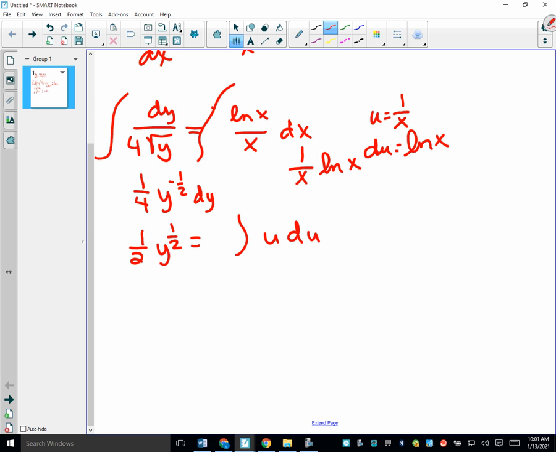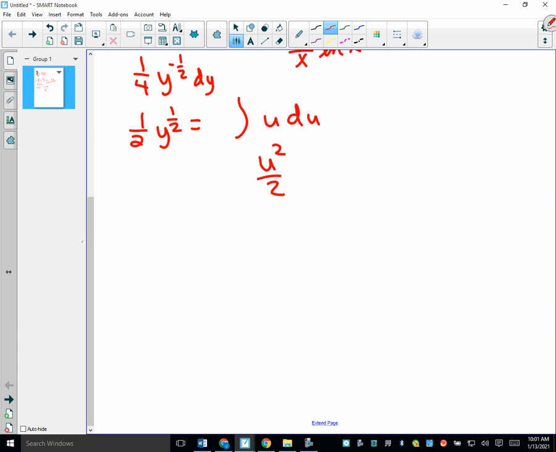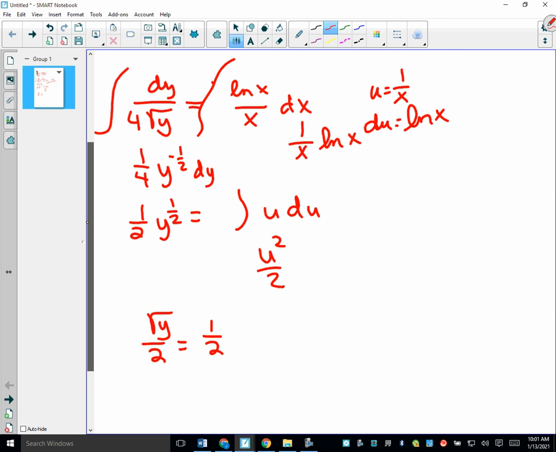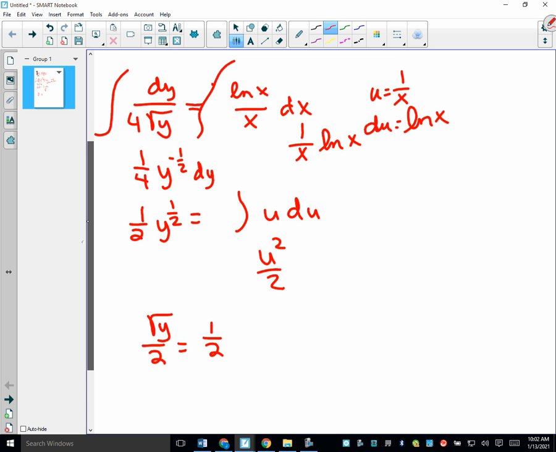And what's the antiderivative of that? u squared over 2. So this is radical y over 2 equals 2 over x whole squared, right?